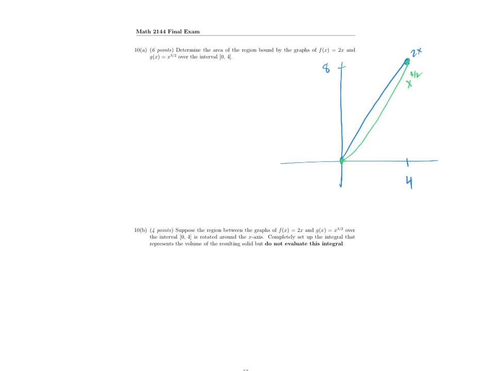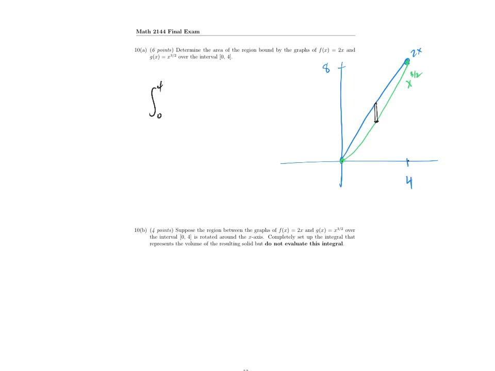Okay, and so I can see if I want to integrate this, that if I look at a slice here, the top of my slice is going to be on the function 2x, and the bottom of my slice is going to be on the function x to the 3/2. And so if I want to integrate, I want to add up all of my slices from x equals 0 to x equals 4.